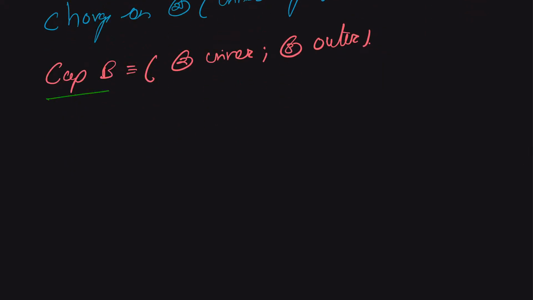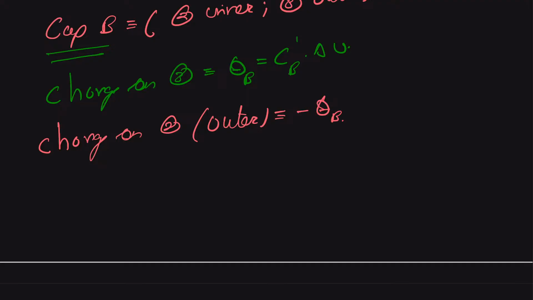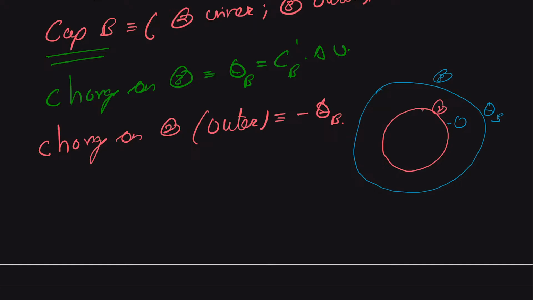Therefore, the charge on shell 3, that is QB, will be equal to CB prime times delta V. And the charge on the outer surface of shell 2 will be equal to minus QB, because shell number 3 is having a charge of QB, so the outer part is going to have a charge of minus QB.